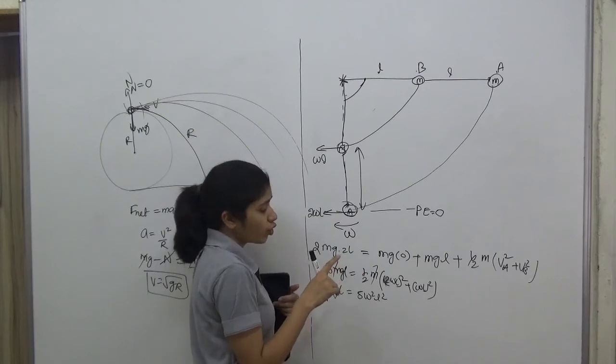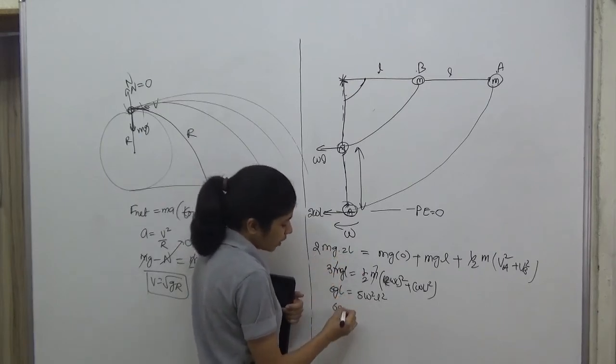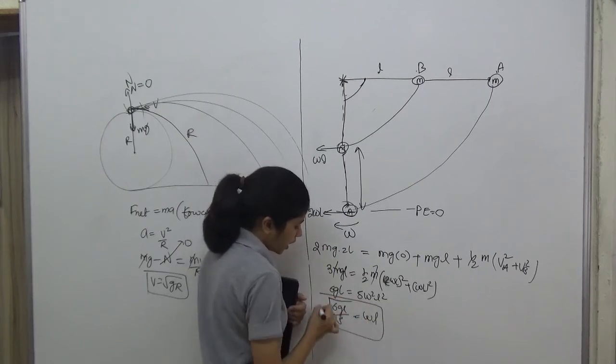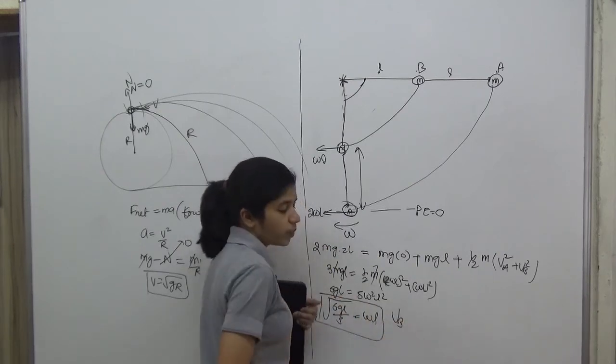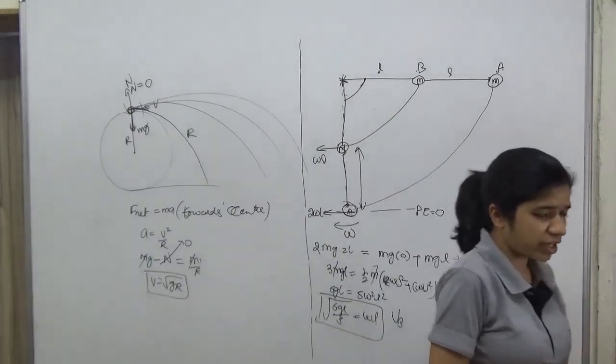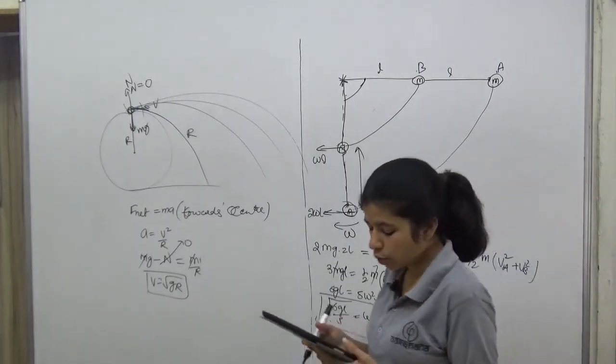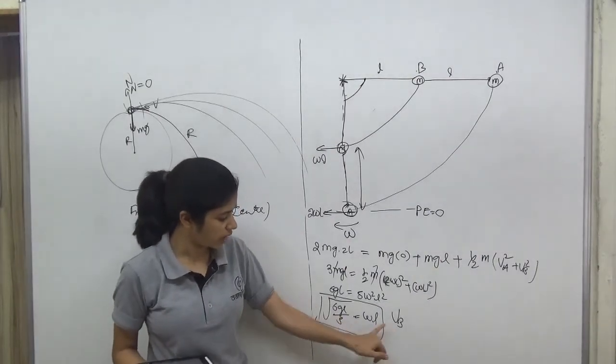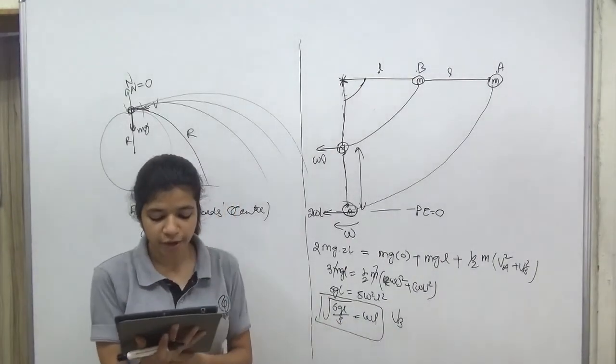Now I want to find out omega L. So simply I will take 5 on this side, 6 gL by 5 का root क्या आ गया, omega L. And omega L is nothing but velocity or speed of B when rod has become vertical. So answer will be under root 6 gL by 5. Omega L is equal to VB is equal to root 6 gL by 5.